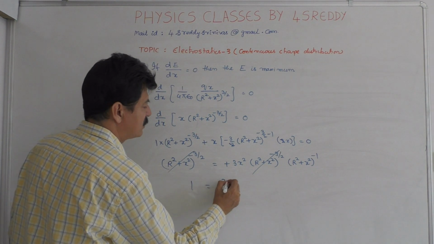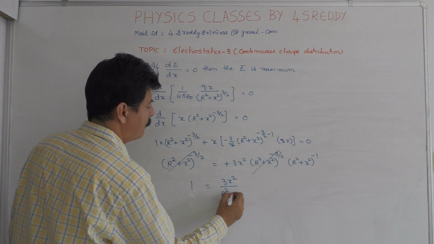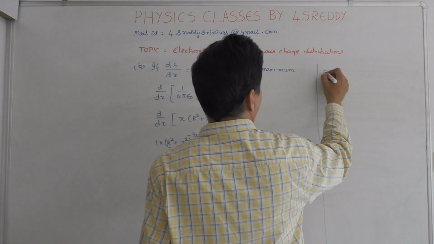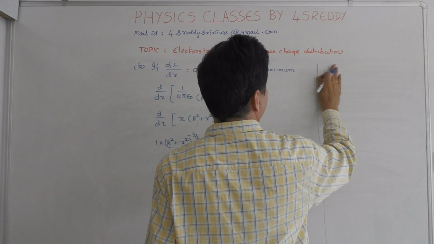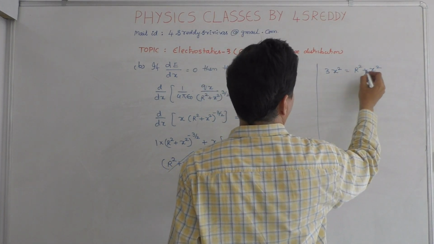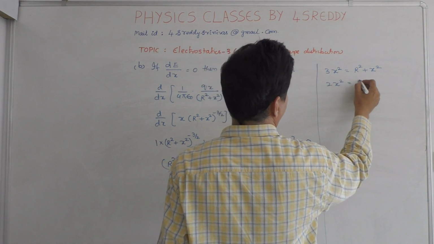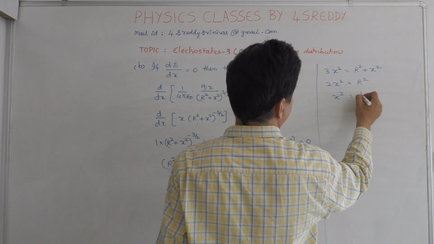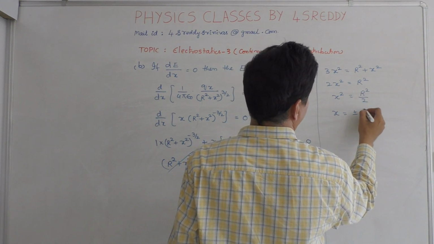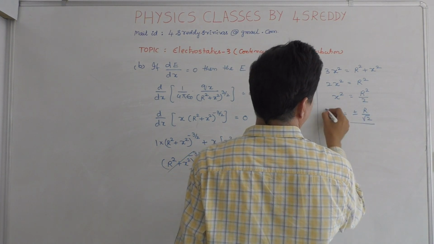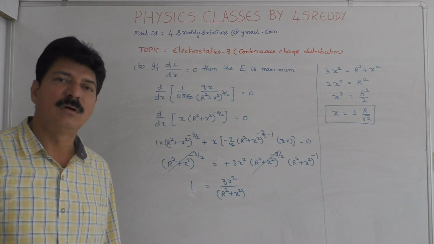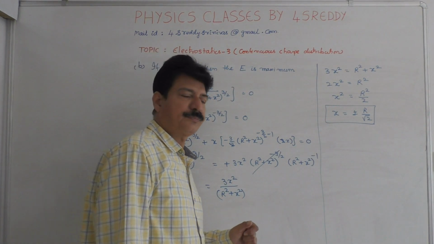Therefore, 3x square by (r square plus x square)... it is given by r square plus x square equals 3x square, so 2x square is equal to r square. x square is equal to r square by 2. Therefore, x is plus or minus r by root 2. So, it is maximum at x equal to r by root 2.